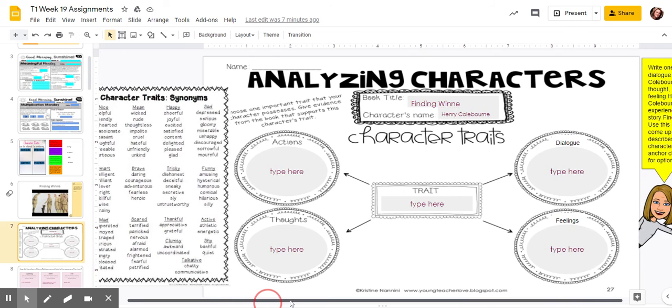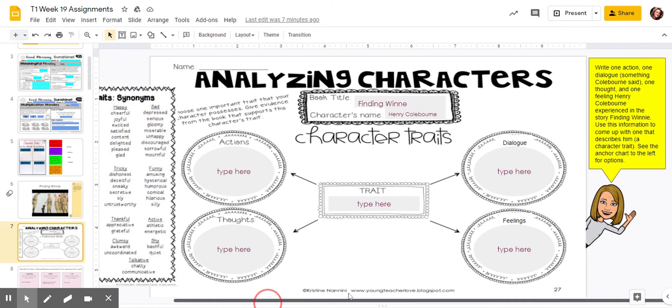You are picking one of the synonyms underneath it. And make sure it goes with what you have, the examples from the story you have for him. So if you have examples that show him being mean, then your trait shouldn't be nice. It shouldn't be a synonym for nice.